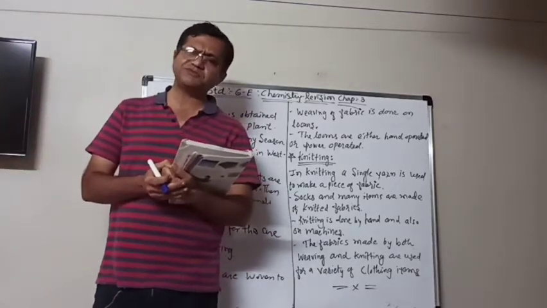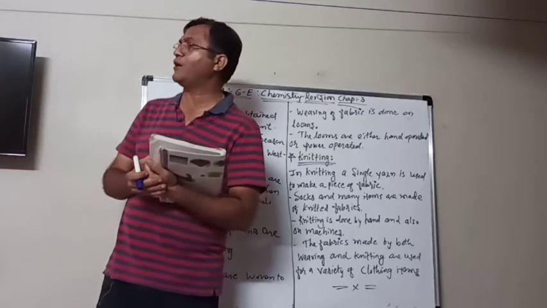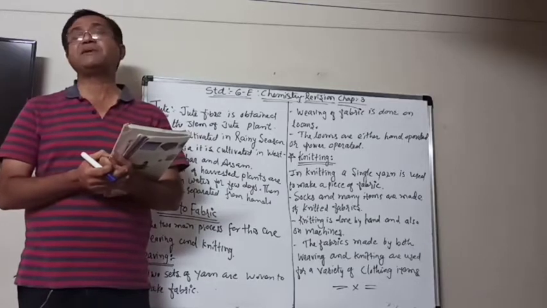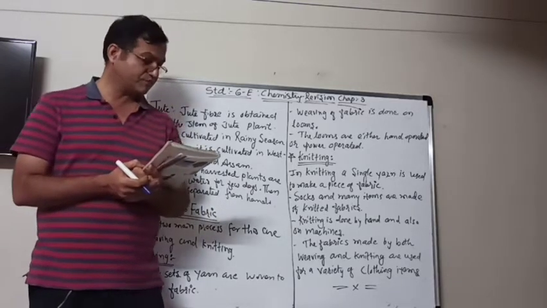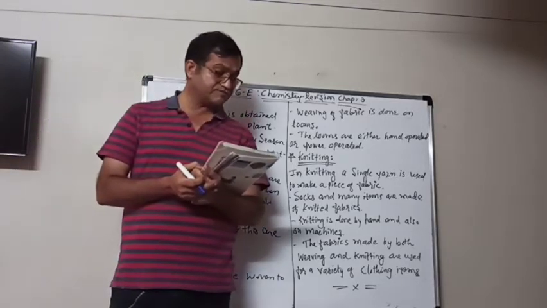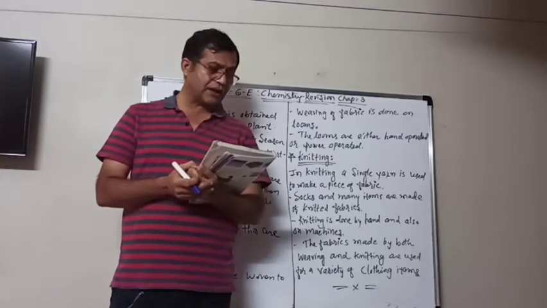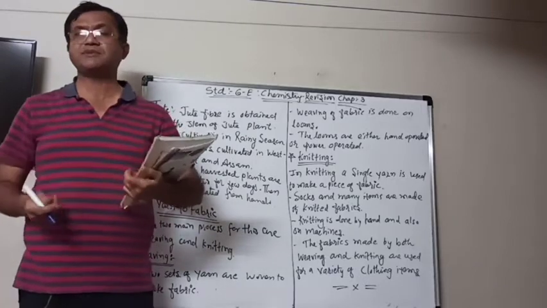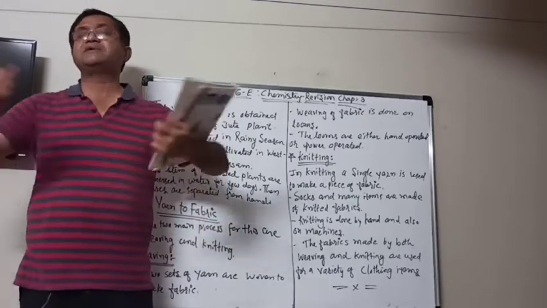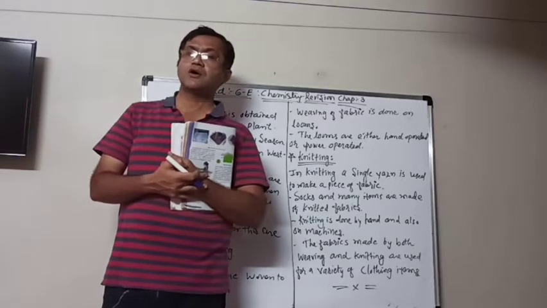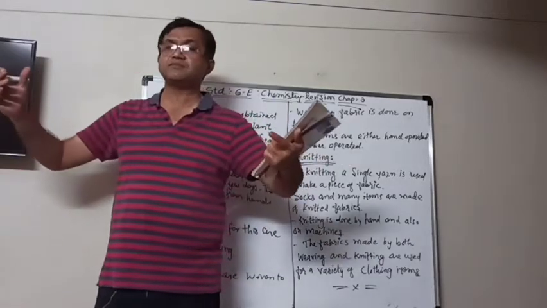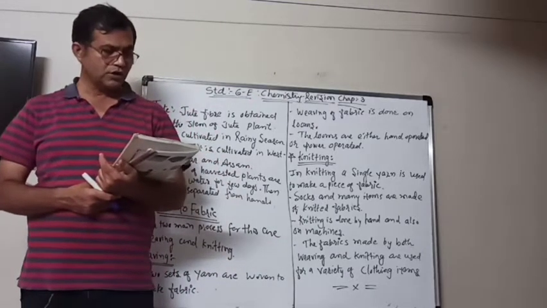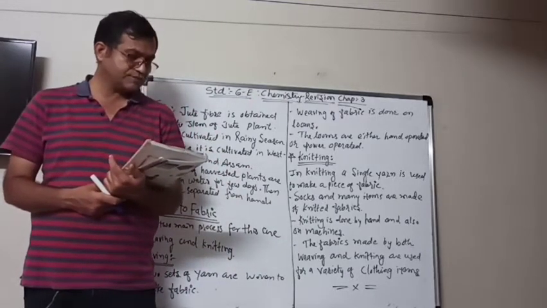In those times, when people didn't have any knowledge of making fabrics from fibers, they used the bark and big leaves of trees. Bark of trees sometimes has a material like cloth, or they took big leaves and covered their body to protect themselves.